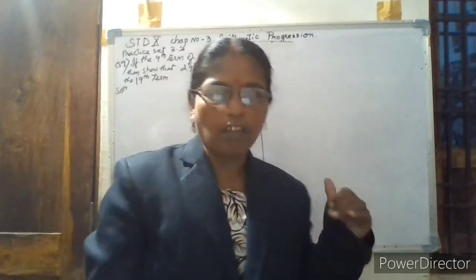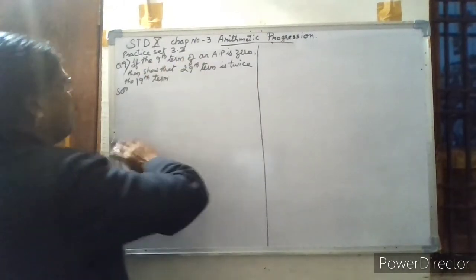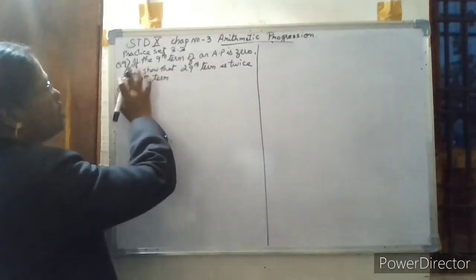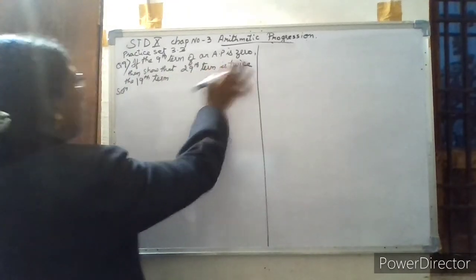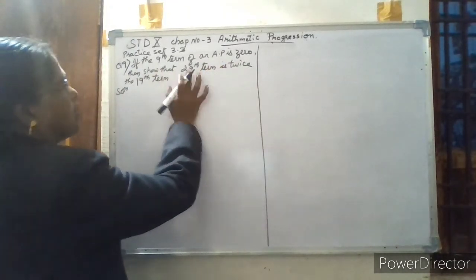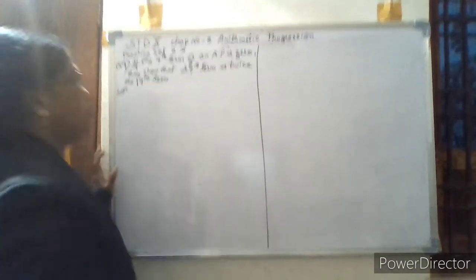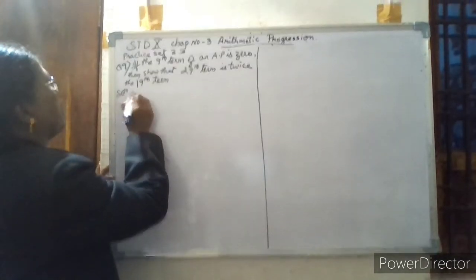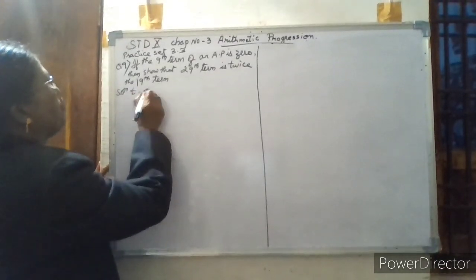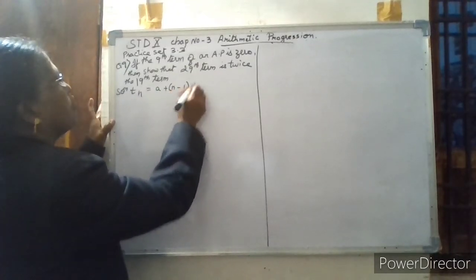Now let us solve the last question of exercise 3.3. The last question is: if the ninth term of an AP is 0, then show that the 29th term is twice the 19th term. Now this question is based on the nth term. The nth term formula is a plus n minus 1 into d.